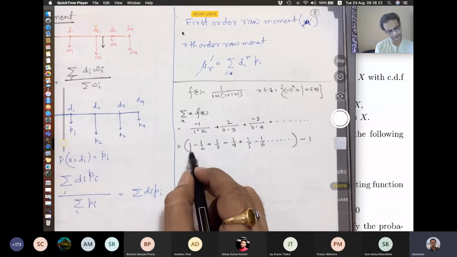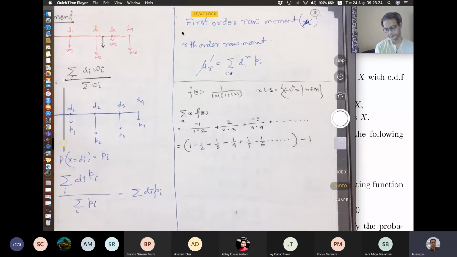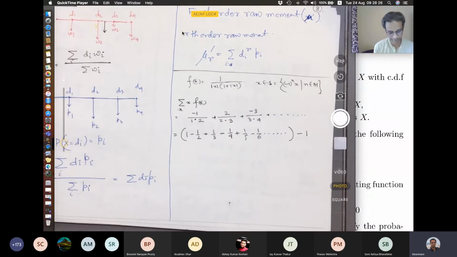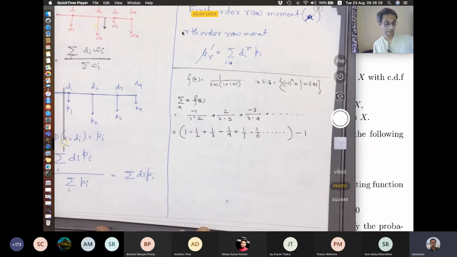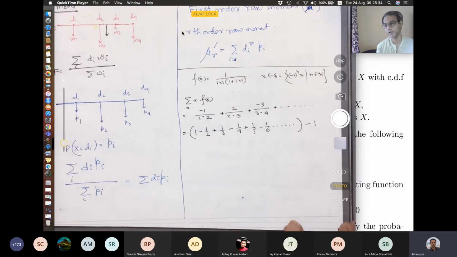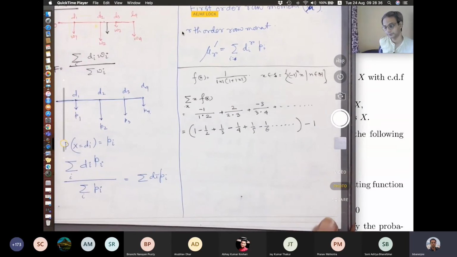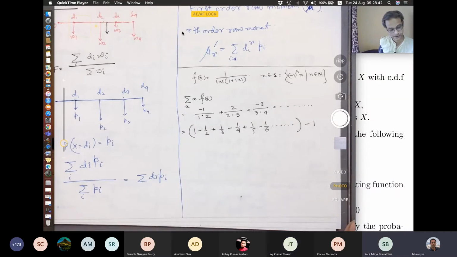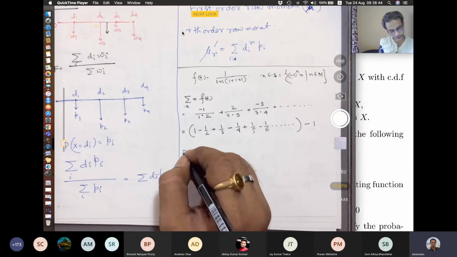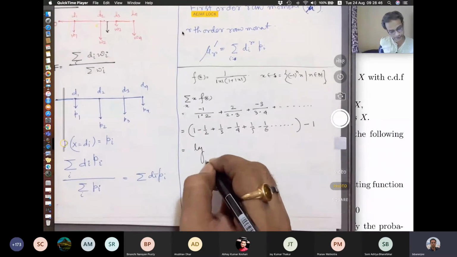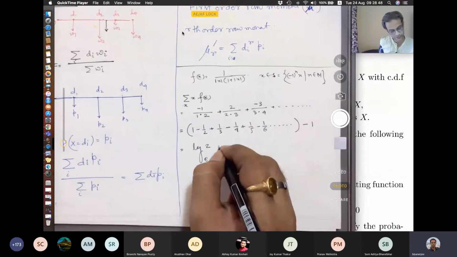This one I have introduced, so I have adjusted. Now tell me what this value will be. ln 2 minus 1. Okay, this is log 2 minus 1.